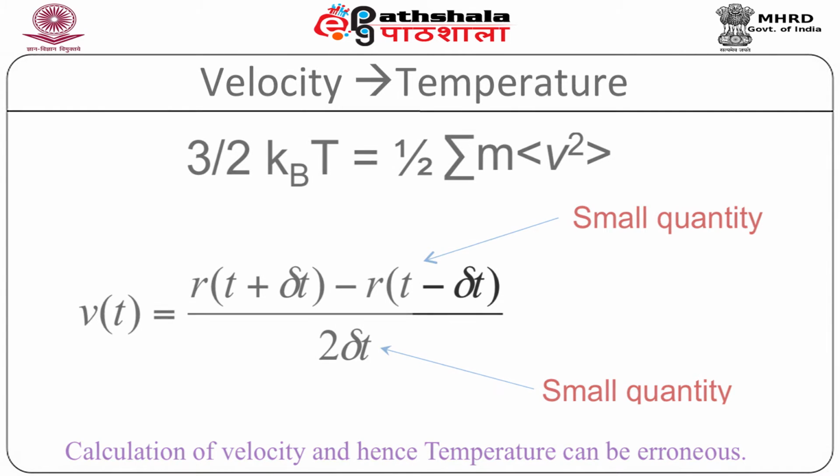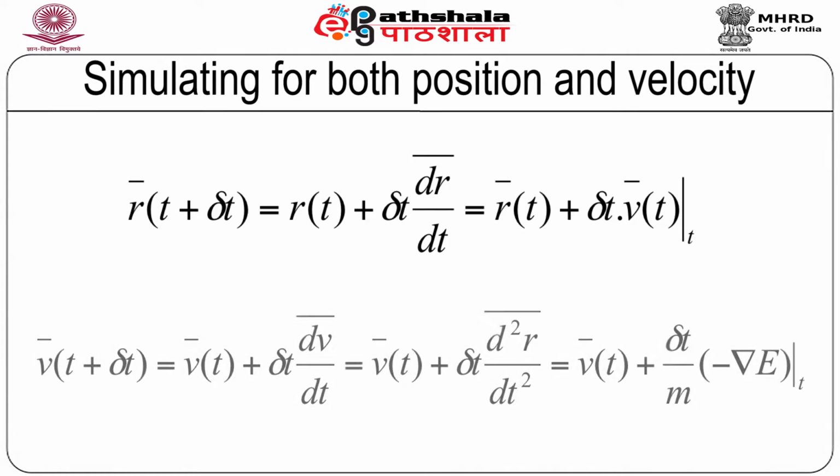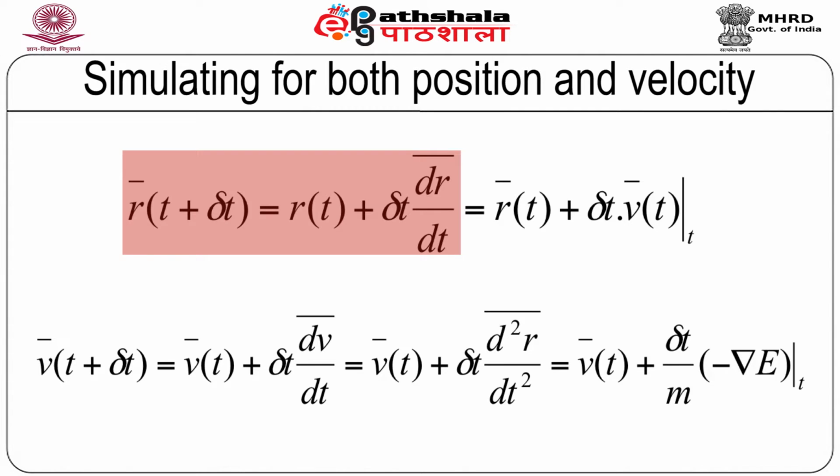So what we can do is simulate the position as well as the velocity together. If we can do that, that can give us a better picture. So what to do? We have r(t plus delta t) equal to r(t) plus delta t times dr/dt, that is the velocity.